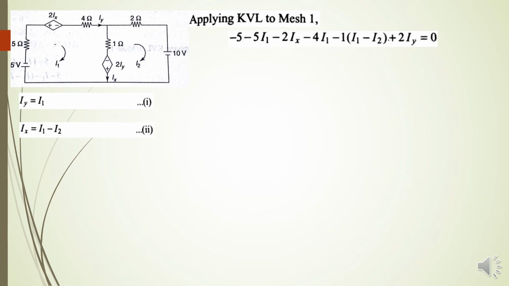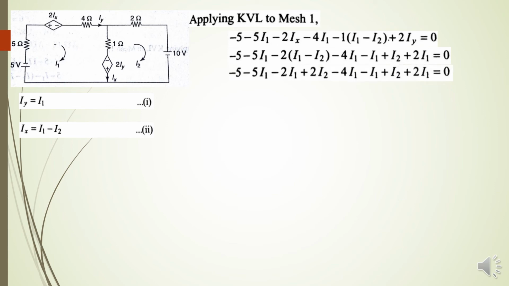This is your basic KVL equation for mesh 1. Now you can substitute Ix with I1 minus I2 and rearrange the equation so that you will get the final equation for mesh 1 as minus 10 I1 plus 3 I2 equal to 5. Call it equation number 3.